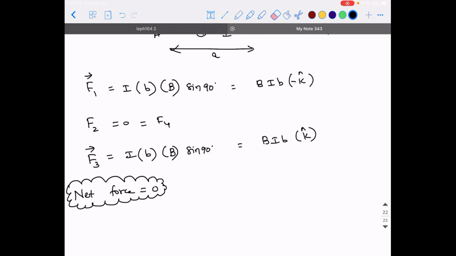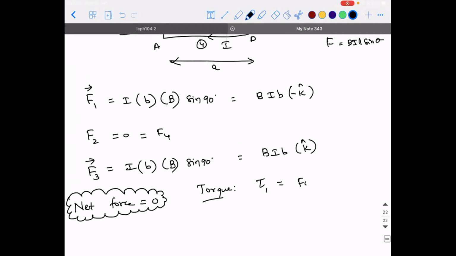Net force is 0. Then what can you say about the net torque? So torque experienced by the first conductor is how much? What is the torque experienced by the first conductor?